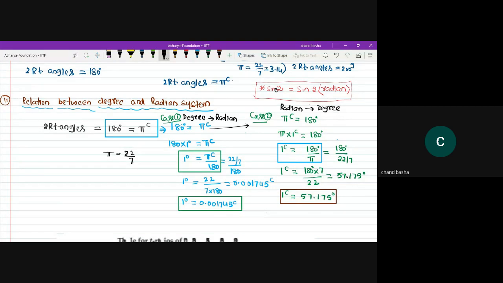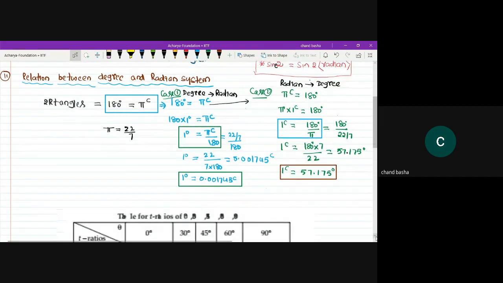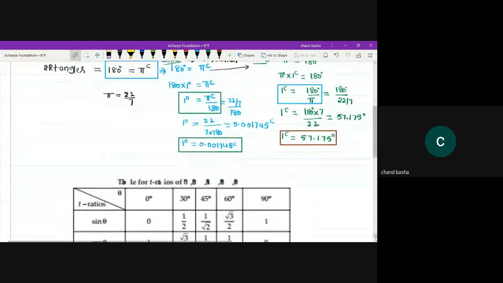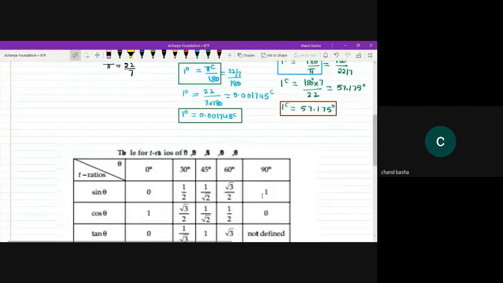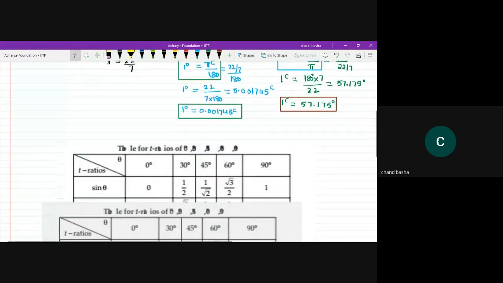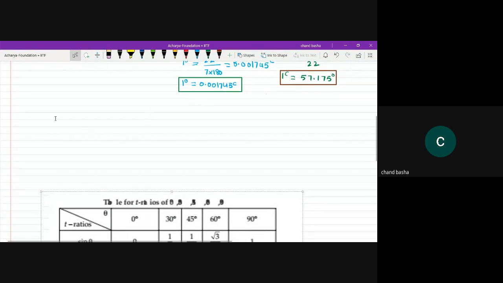You can remember the tabular values that I am going to give. But before that, one more point I need to discuss: trigonometric ratios of complementary angles.